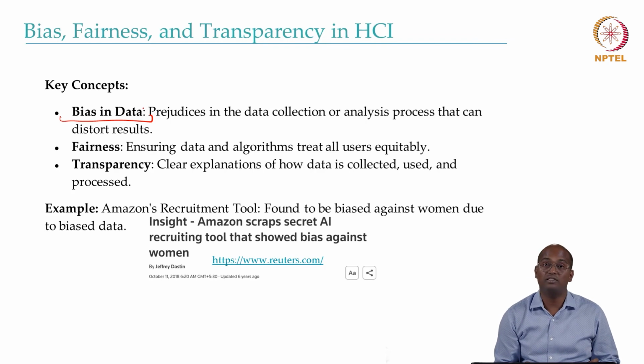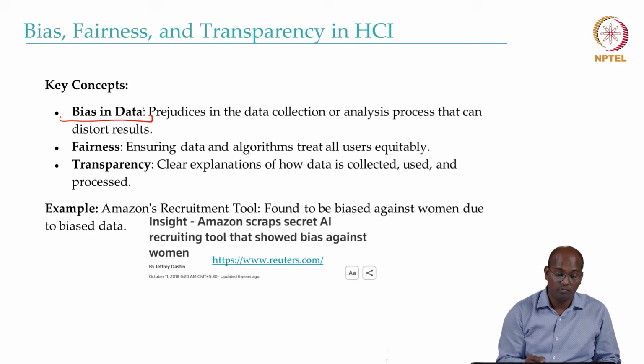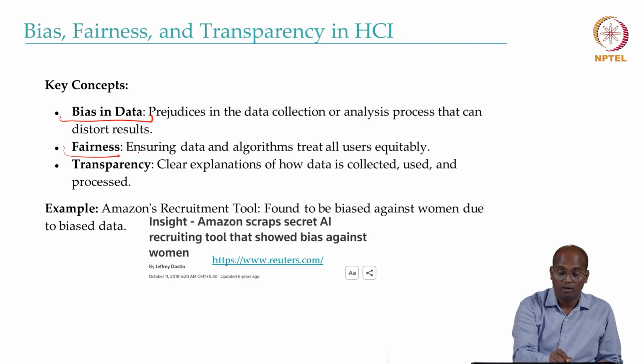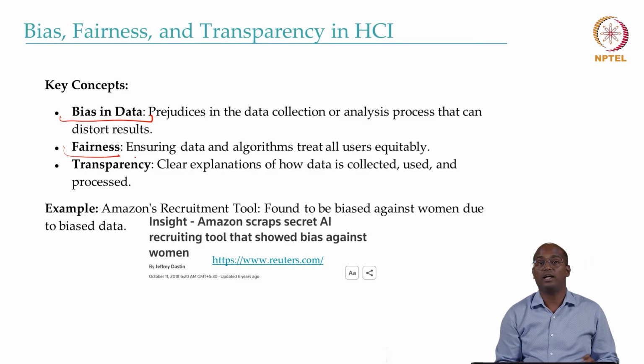If you have biased data, then you may have a biased model. If you have noisy data, then you'll have a noisy model, and so on. The same holds true for fairness. You need to make sure that your model works fairly, and in that case you also have to ensure that the data you collected is not biased.